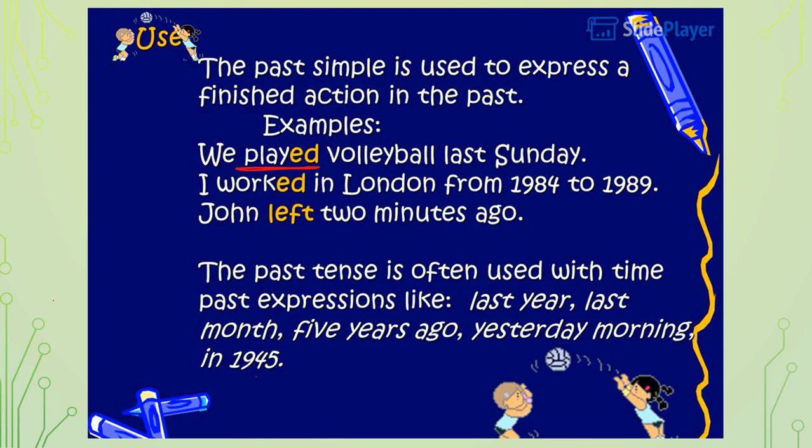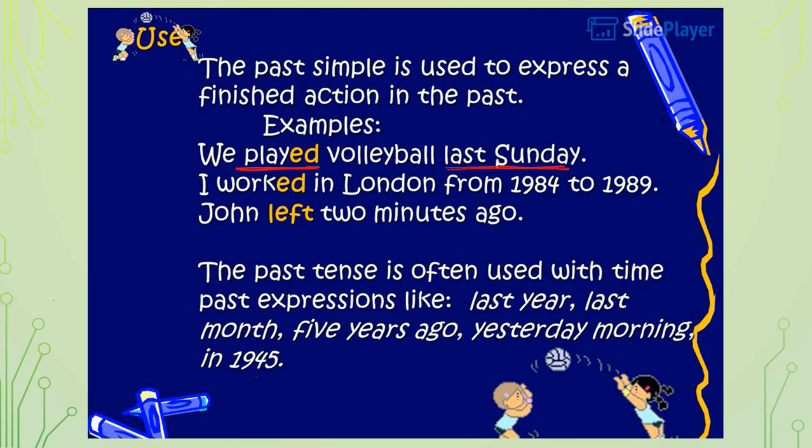Then what will you do? How will you understand whether the sentence is in present tense or in the past tense? You will check for these expressions, these other words in the sentence which tell you whether something is happening in the present, past or future. Last Sunday.